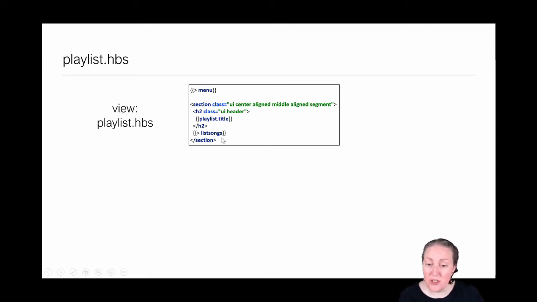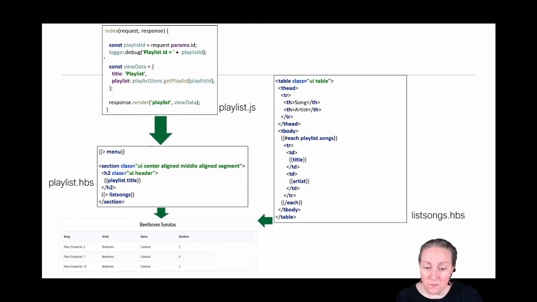The list songs partial, you might remember, used to be on the dashboard view, and it contains all the code to create a table with all the songs from a playlist. So now we're going to make use of it here instead, and it will create the table for just this one playlist. So that's our playlist HBS view.